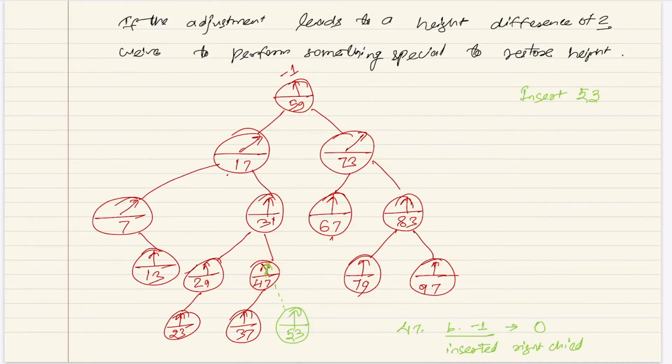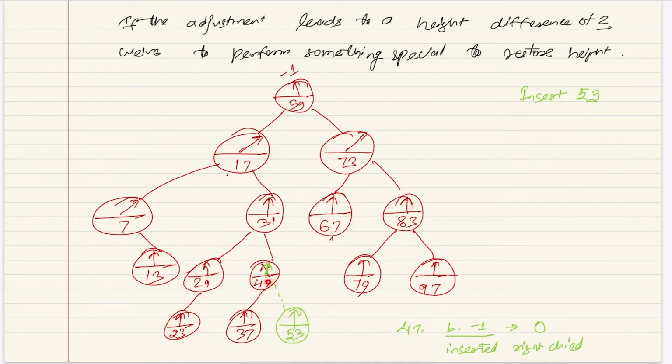For a node, if I have a subtree, generally you will consider it as giving a height of 1, and a height of 0 when the node was not there. That is how you were saying 0 minus 1. Because we are not storing the height, we are just storing the balance.